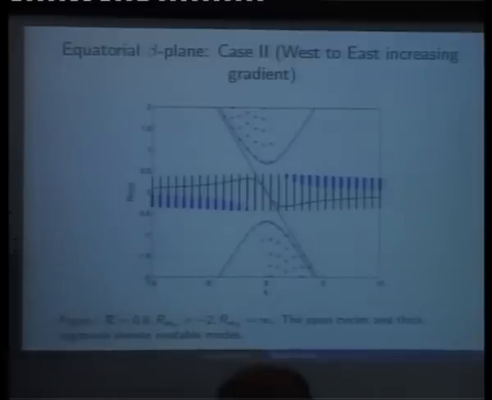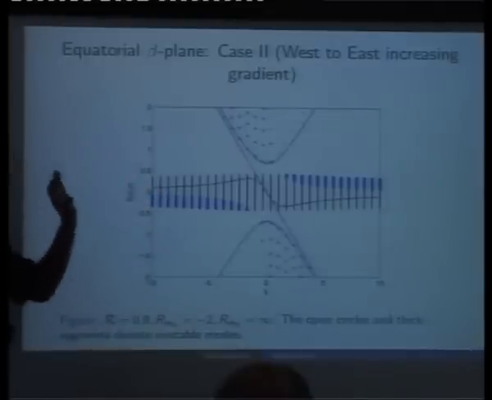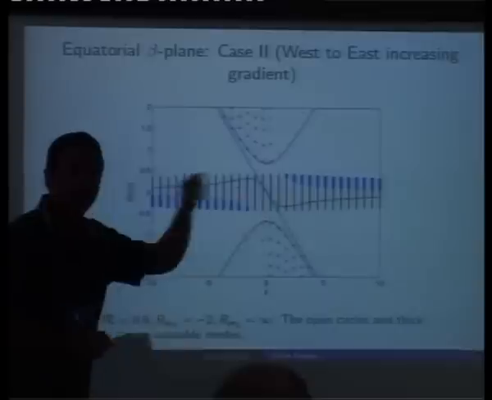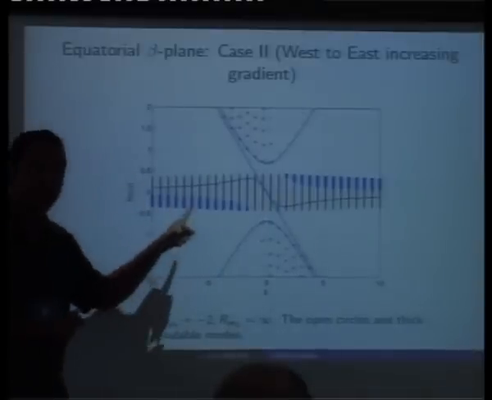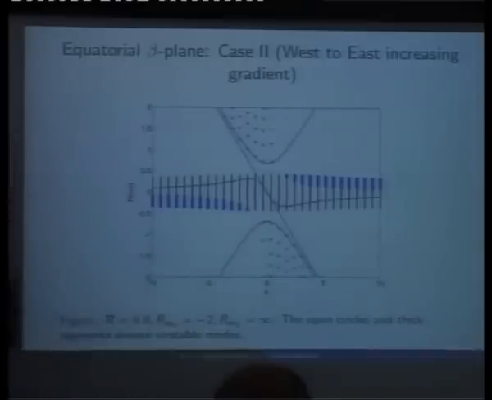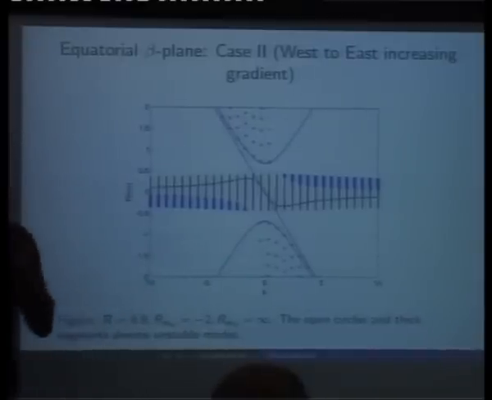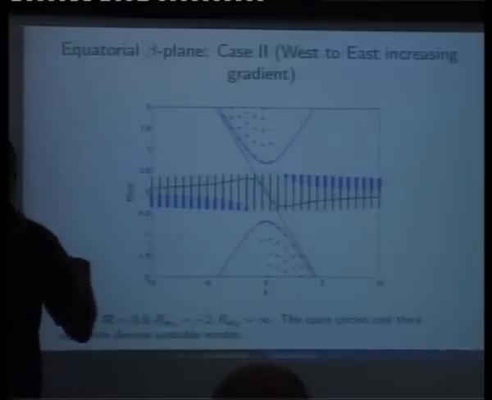So what we find is that when you take an equatorial beta plane and impose a purely zonal gradient, once again one gets a low frequency response similar to the response you got for the meridional gradient, but the modes now have become unstable, and the ones that have become unstable are precisely the ones that move in the eastward direction. So in the regions where the precipitable water increases from west to east, you get modes that move towards the east.